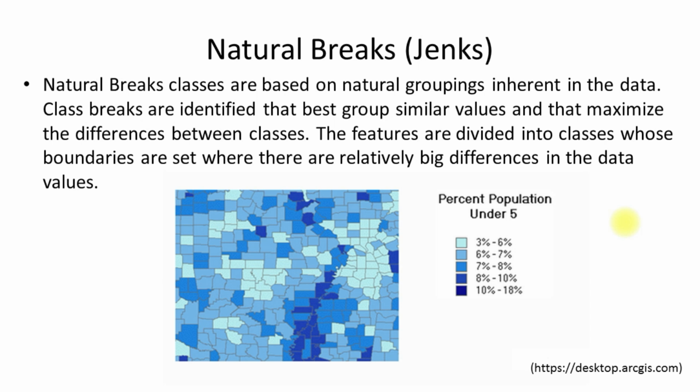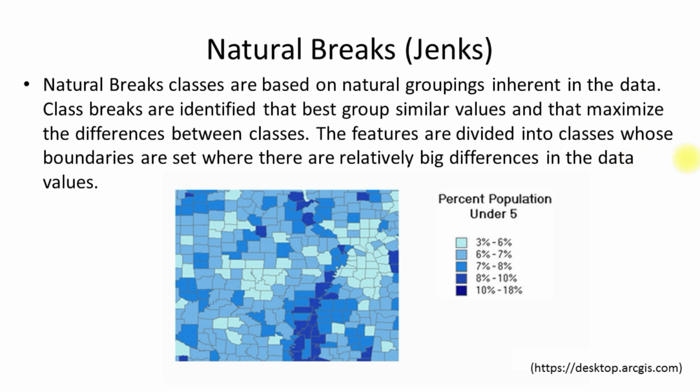So natural breaks classes are based on natural groupings inherent in the data. Class breaks are identified that best group similar values and that maximize the differences between classes. The features are divided into classes whose boundaries are set where there are relatively big differences in the data values.